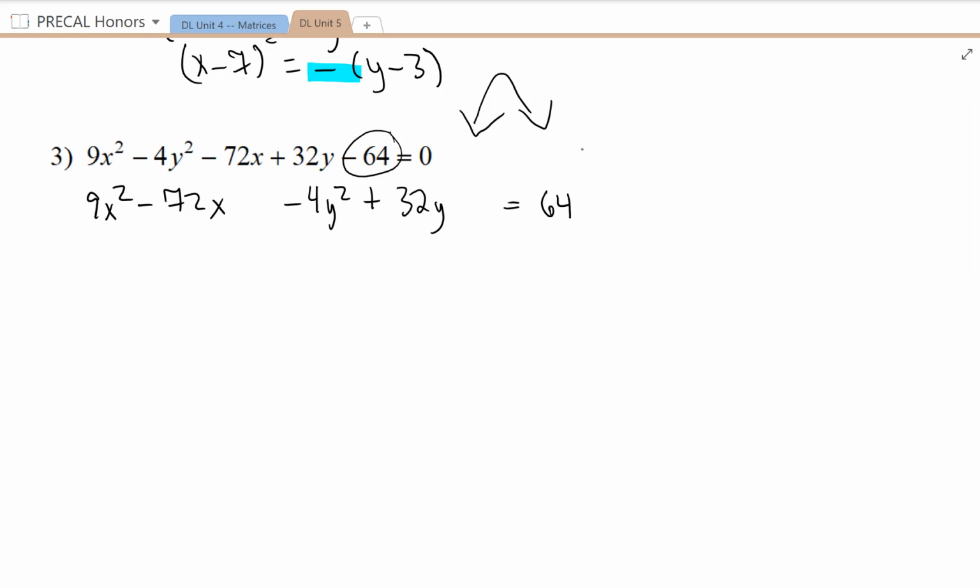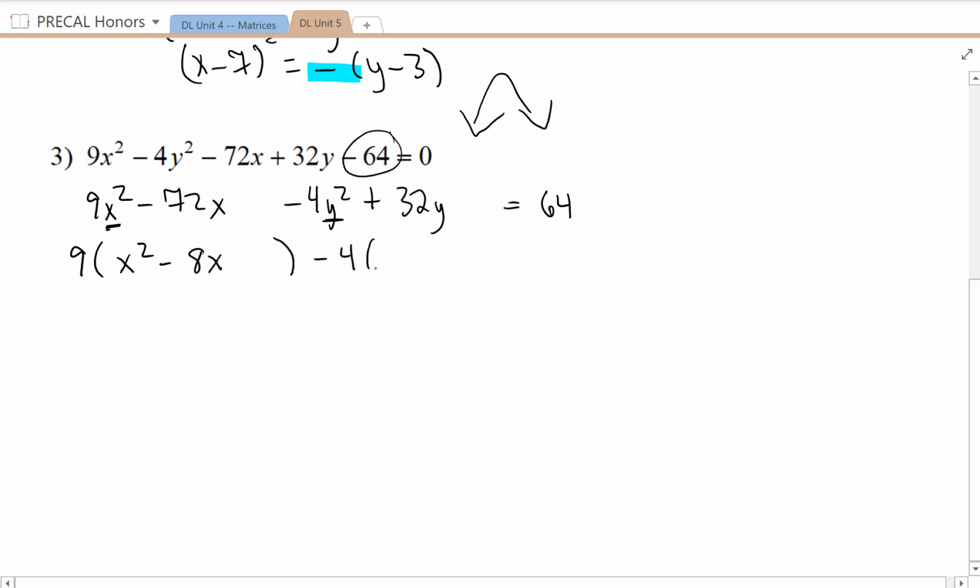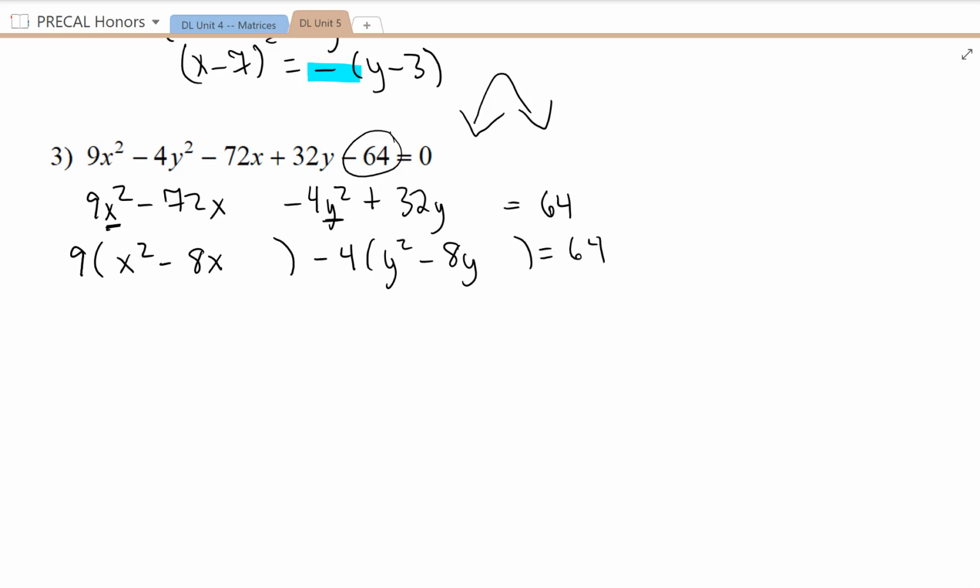Okay, this means I have to complete the square twice, but I need x squared to have a coefficient of 1. So I need to factor out the 9 and the -4. 9 times x squared minus 8x, space, -4 times y squared minus 8y, space, equals 64. Now I'm going to add what makes these perfect square trinomials.